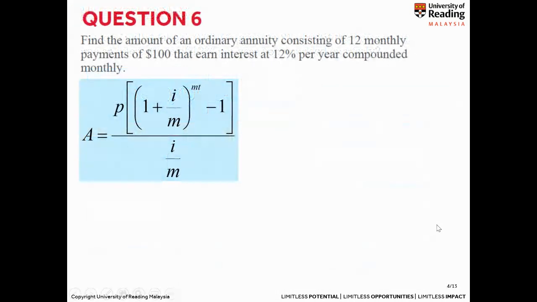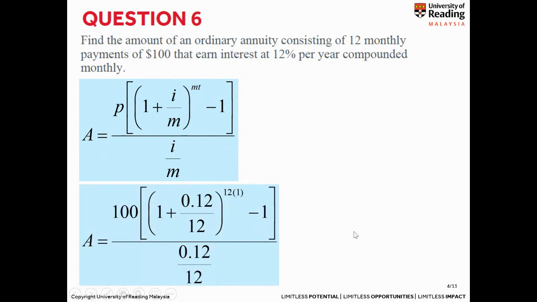Next, find the amount of an ordinary annuity consisting of 12 monthly payments of $100 that earn interest at 12% per year compounded monthly. You see the word annuity, so you must use the annuity formula. Please identify the i and the M so that you get the correct substitution into the formula.